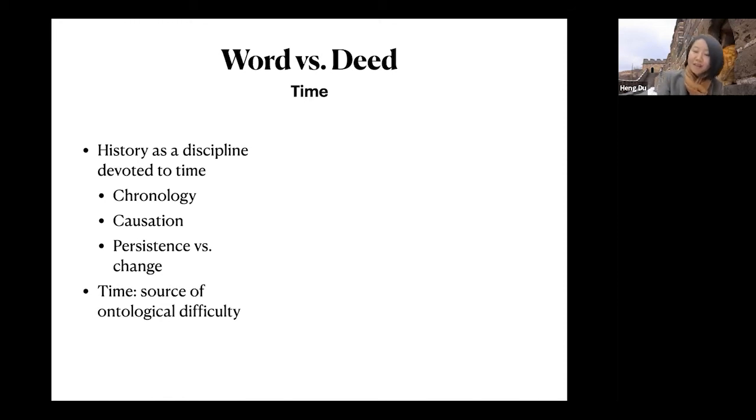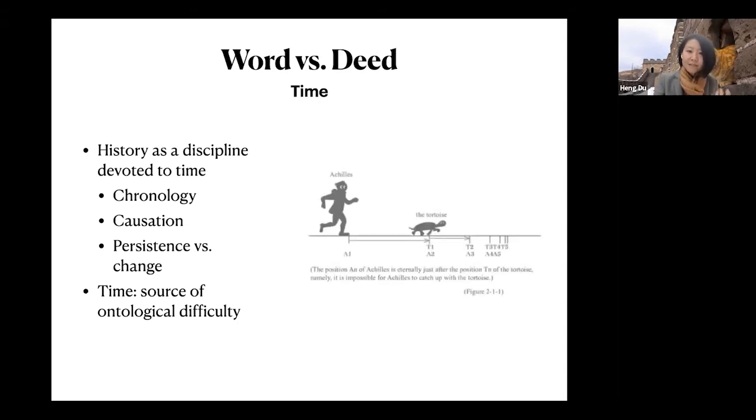But time is also a very complicated thing. I don't know, can you even call it a thing, right? The fact that I don't even know what to call it articulates its ontological difficulty. So a lot of the philosophical paradoxes in both the Greco-Roman tradition and the Chinese tradition, you can see as wrestling with how to think about time and all the paradoxes that time can generate.